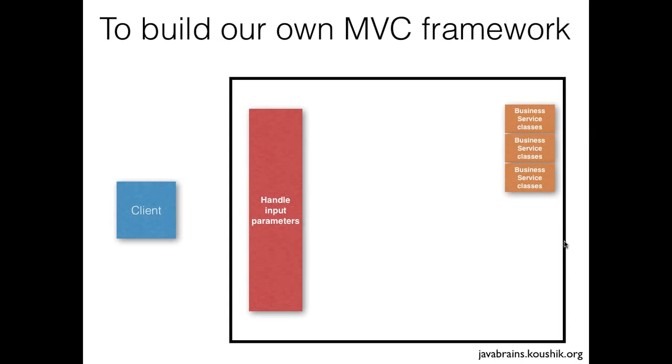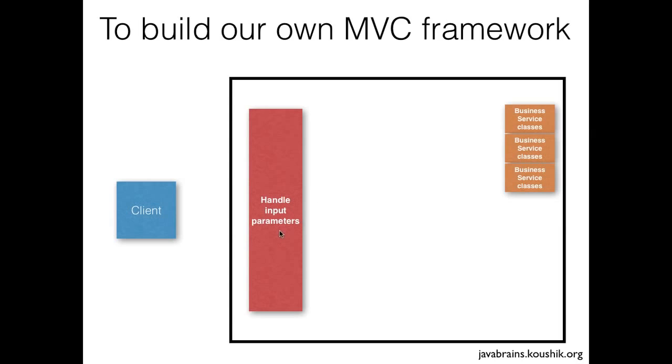Now, these input parameters could vary depending on the application itself, but the method in which the parameters are passed to the framework is the same. It would be either a get or a post or some standard request, and they are standard ways in which parameters are passed. So I would have some kind of a common module over here which handles those input parameters. It gets all the input parameters and has them ready.